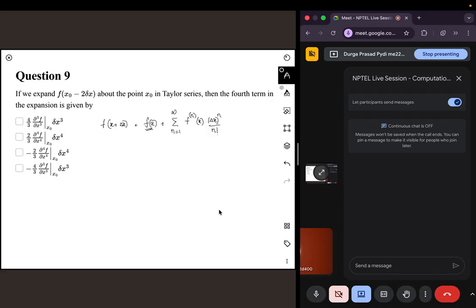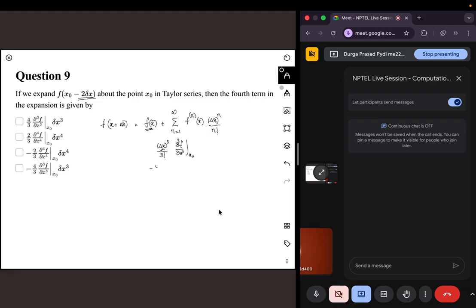So this is the first term, so the fourth term will have n equal to 3. If you substitute n equal to 3, that will be delta x cube by 3 factorial into del cube f by del x cube evaluated at that particular x naught. Instead of delta x, we have minus 2 delta x here.